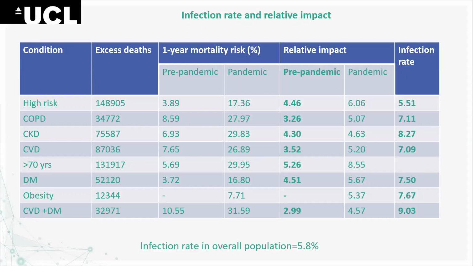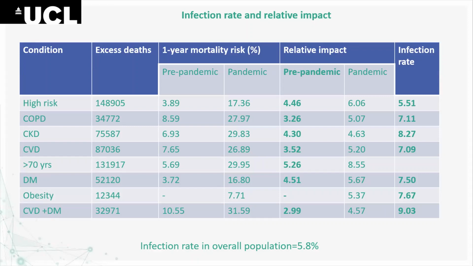And we've also looked using codes that Johan Tiggerson, Spiros Stanaxis, and many others have been leading work on, looking at the coding of COVID in our data sets. So using those codes, we've looked at the infection rate in people with these risk factors. In the overall background population, the infection rate is 5.8%.